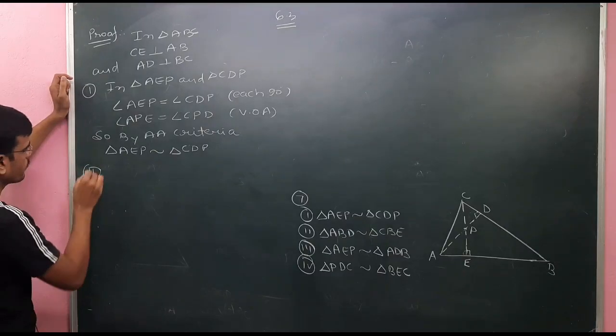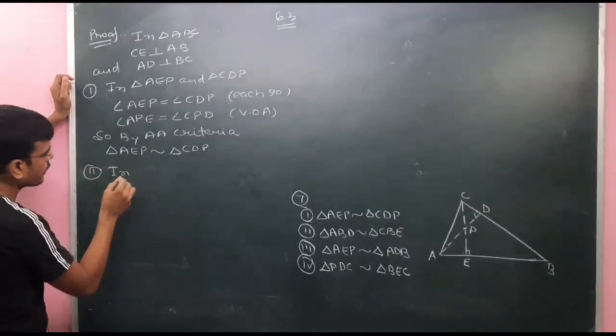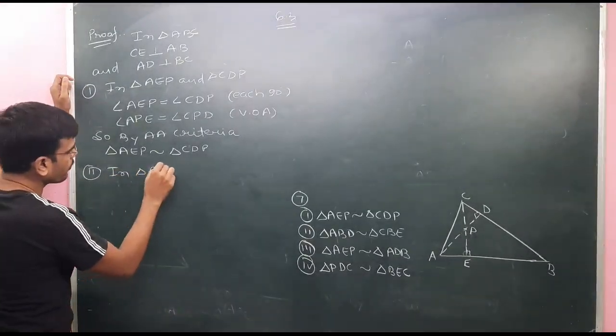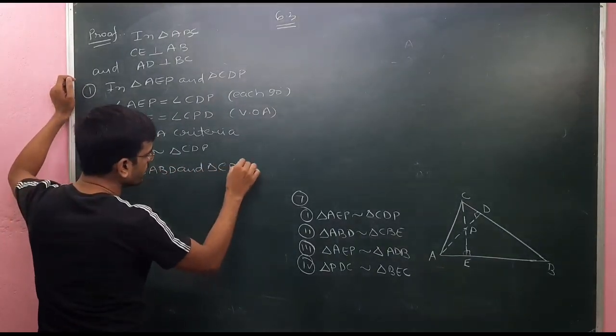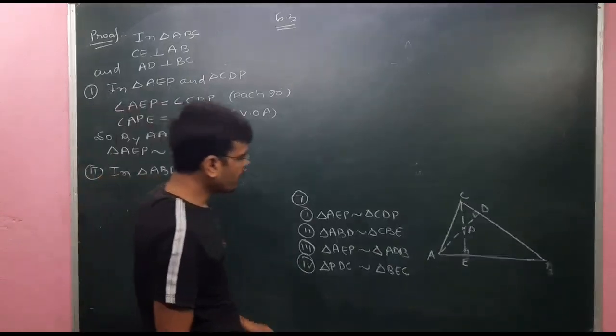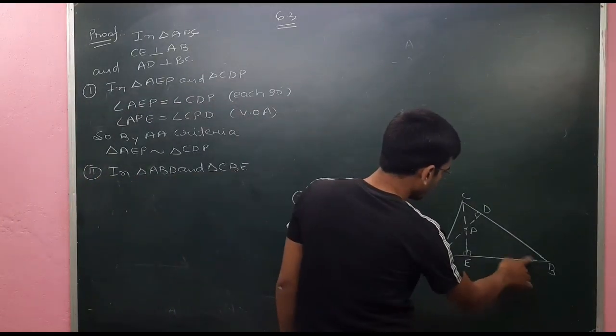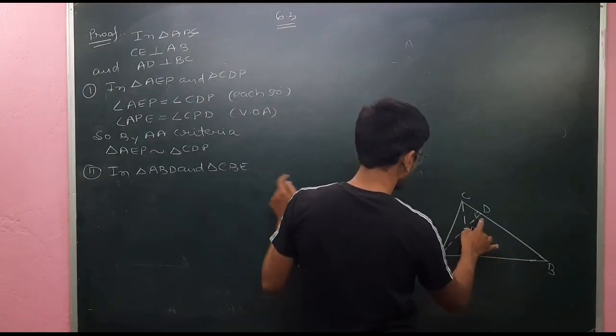See the second. Take both triangles: triangle ABD and triangle CBE.